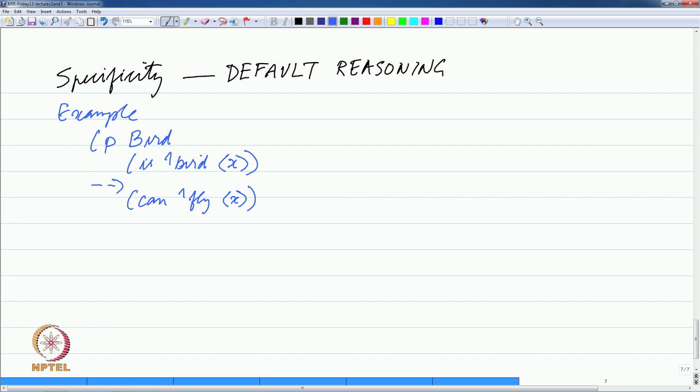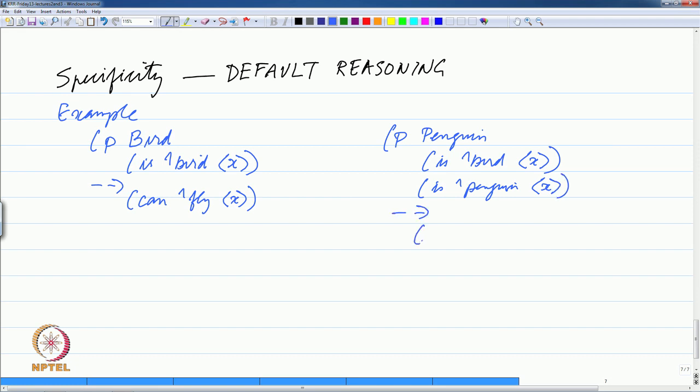Now, I can have another rule, let us call it penguin. This rule says that if x is a bird, it is also known that x is a penguin, then, I should really say make, right, I forgot to do that.